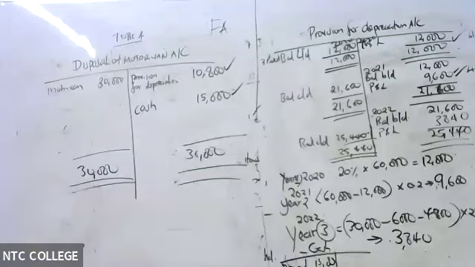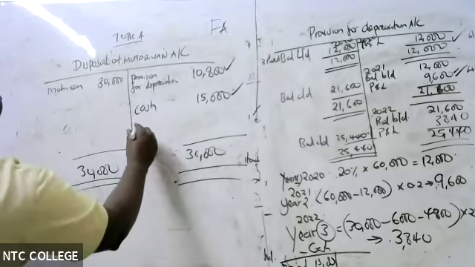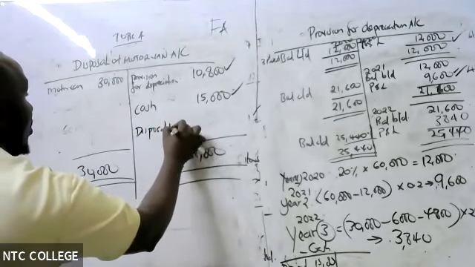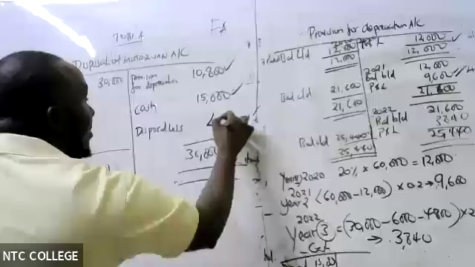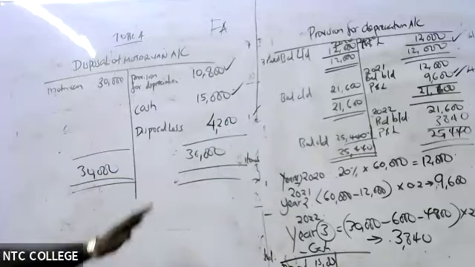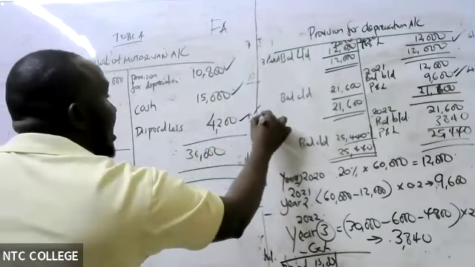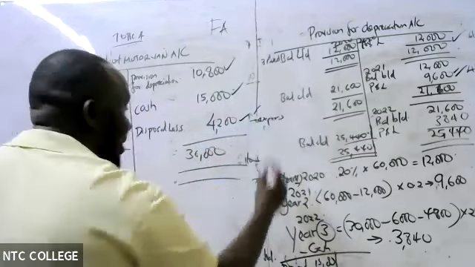Is it a gain or a loss? If it's on the credit side, that is a disposal loss of 4,200. So hii tunabeba the difference tunapeleka P&L. When you take this to the P&L, this would be an expense.